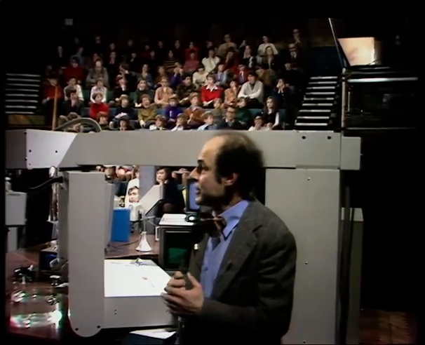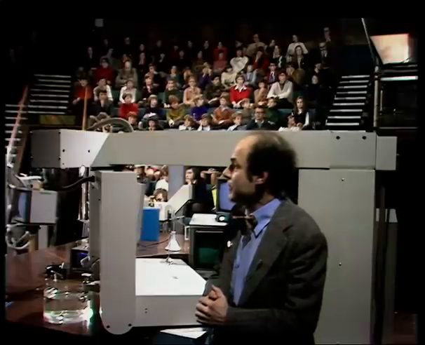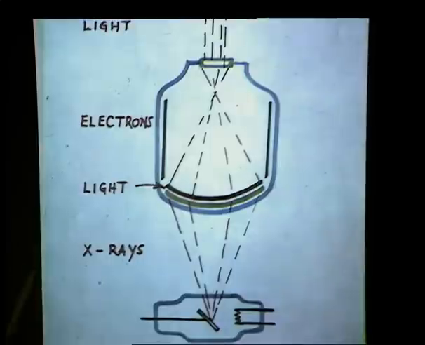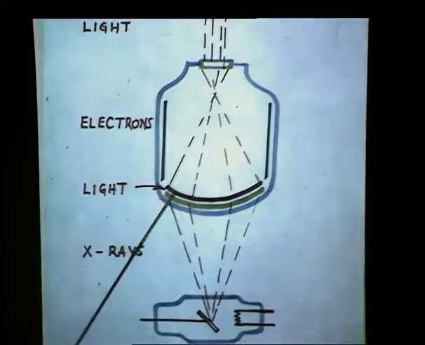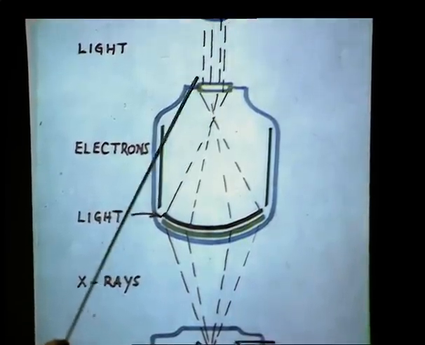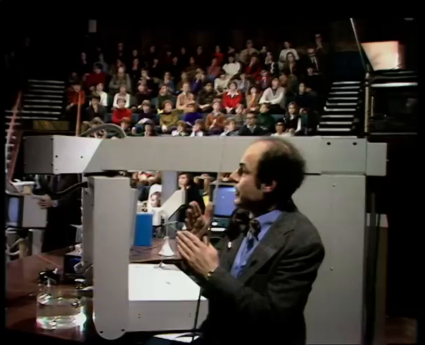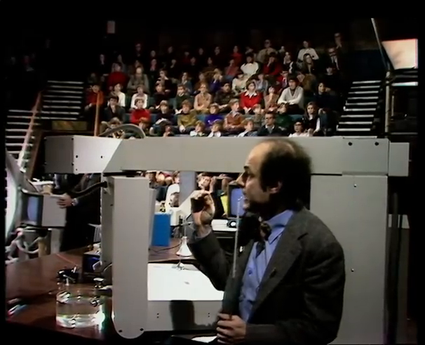Now, one of the features of electrons is that one can focus them in much the same way as one can focus light. So we can focus the electron picture, which we have at this stage, onto a much smaller screen up here to produce a very much brighter image, because we've got the same number of electrons now striking a very much smaller screen.